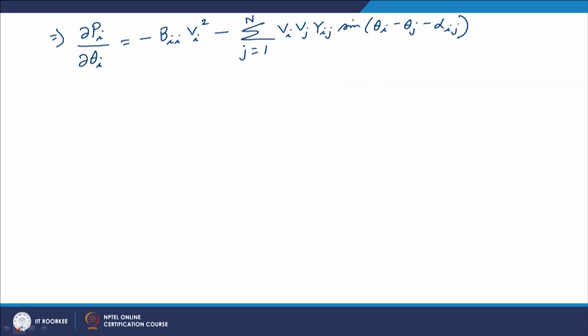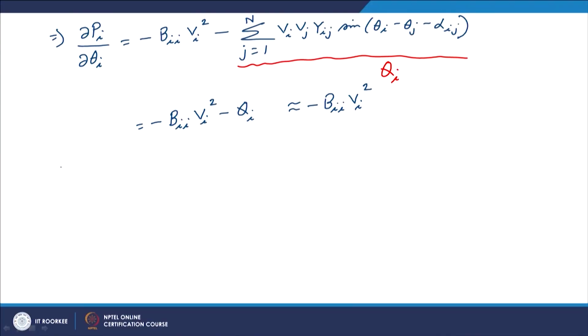Now, we know that this is nothing but Q I, this we already know. So we write it as minus P I, V I square, minus Q I, and please recollect our last assumption that in magnitude Q I is much less than B I I into V I square.